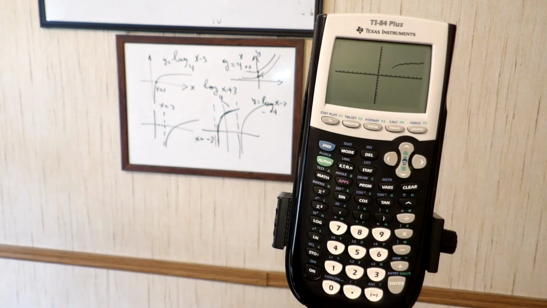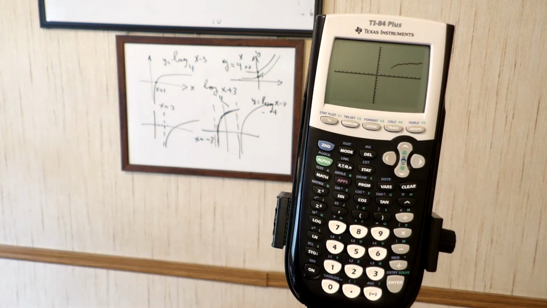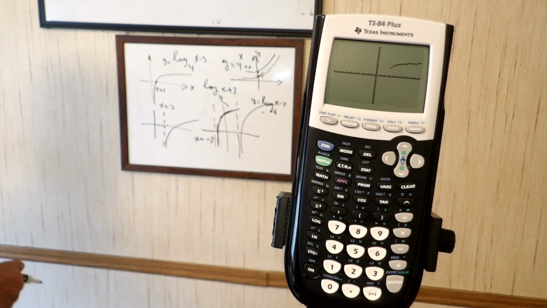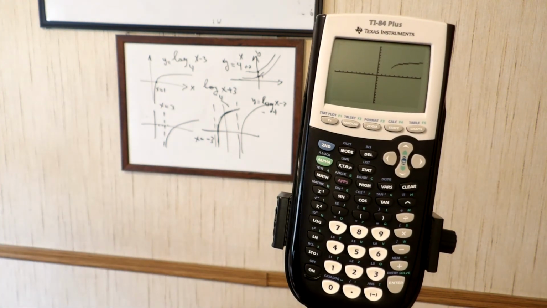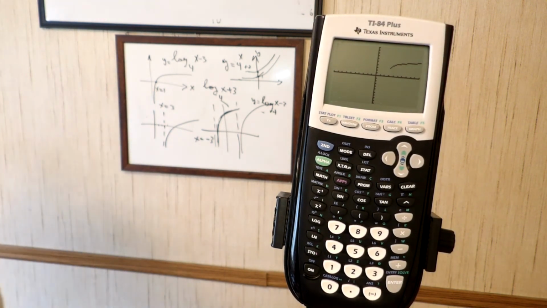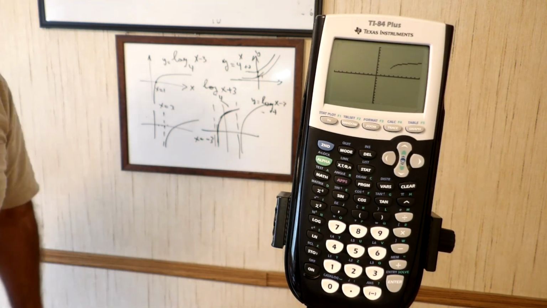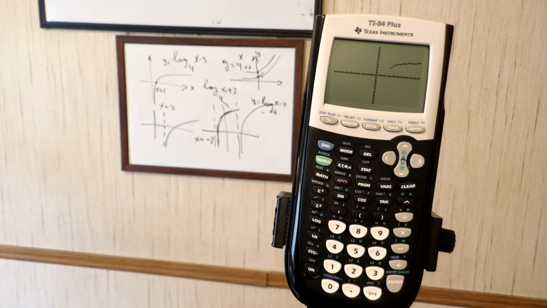So that's the way you draw this by calculator, and you see that it's very easy to graph this with a calculator. We already showed how to do it by hand, and you have to practice yourself in order to learn more.